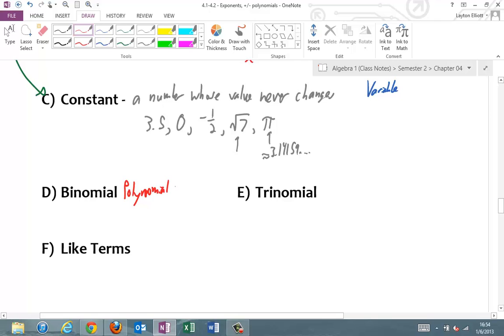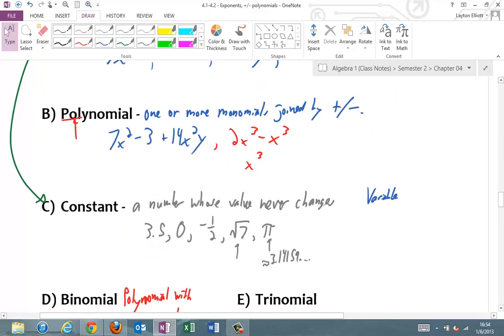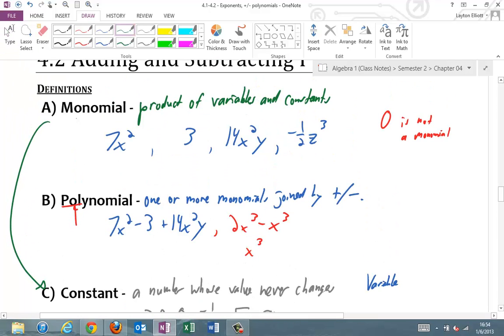A polynomial with two monomials. In fact, there's another name for monomial, so let's pop back up to monomial. Monomial has a synonym, also called terms. This is very crucial because in a polynomial, terms are separated by pluses and minuses.